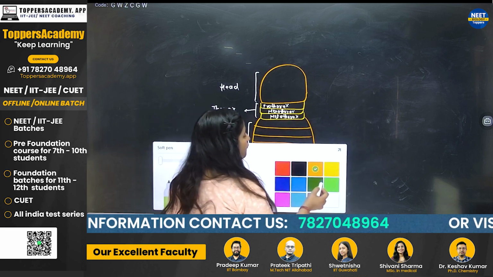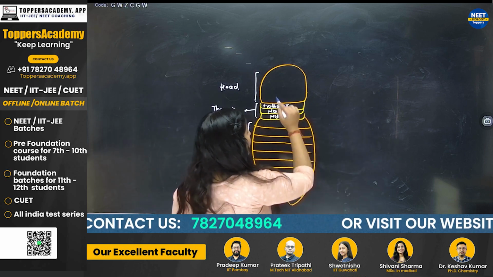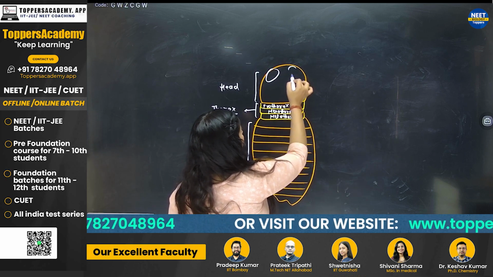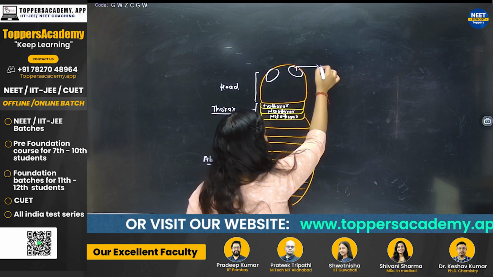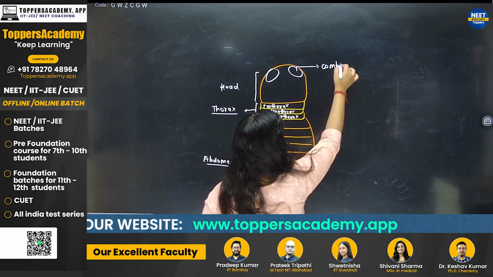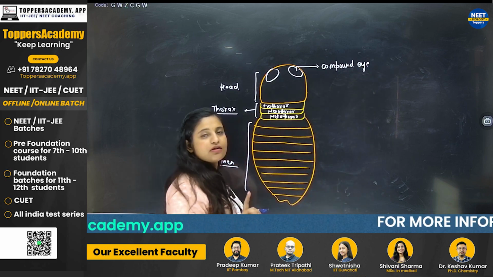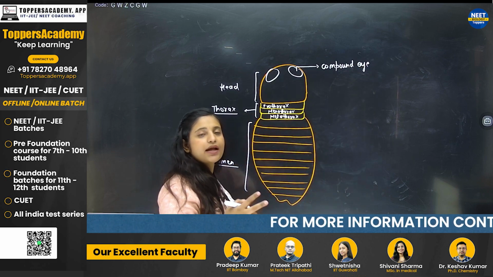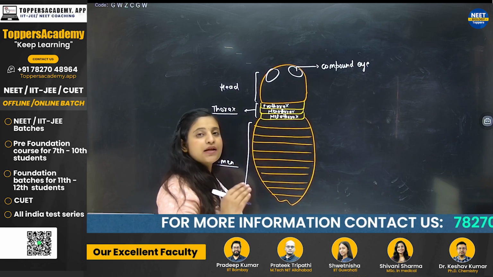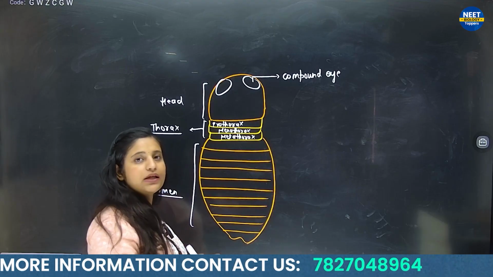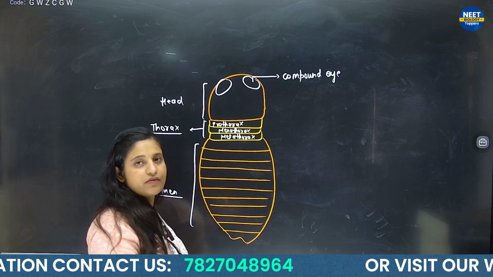If we talk with respect to the head, the head has a pair of eyes, which is known as the compound eye. In cockroach, two types of eye are present. One is the simple eye and the second is the compound eye. The simple eye, also known as the ocellus, is vestigial.